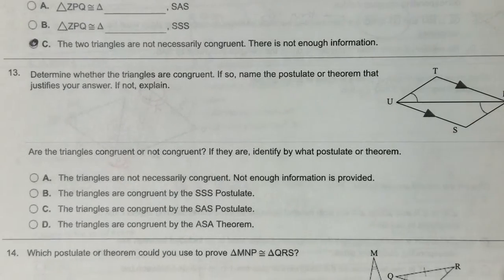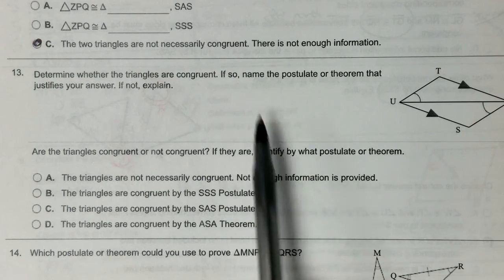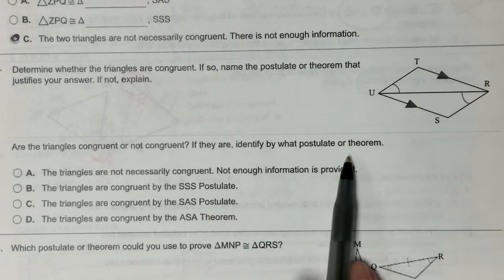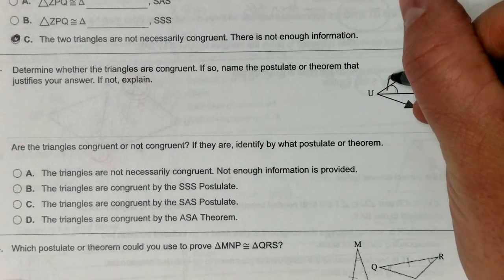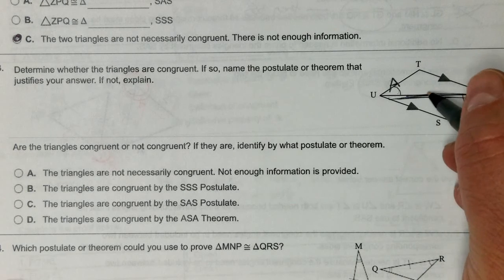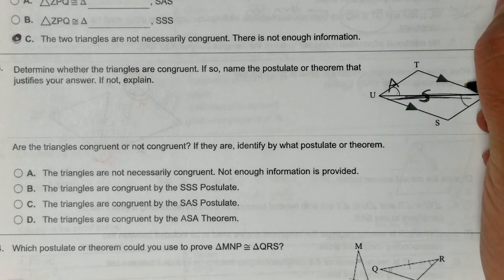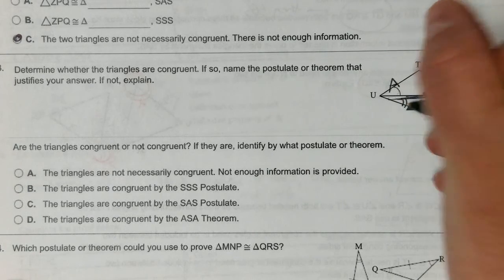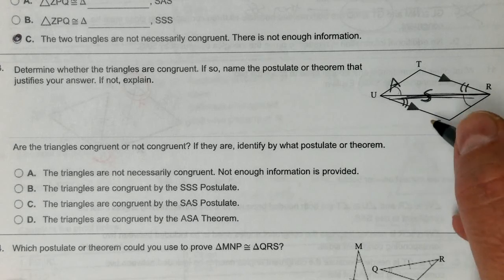Okay, 13. Determine whether these triangles are congruent. If so, name the postulate or theorem. So based on the drawing, we've got this angle and we have this shared side, which is reflexive. We also have these two parallel lines cut by this transversal, so these angles would be equal from alternate interior.